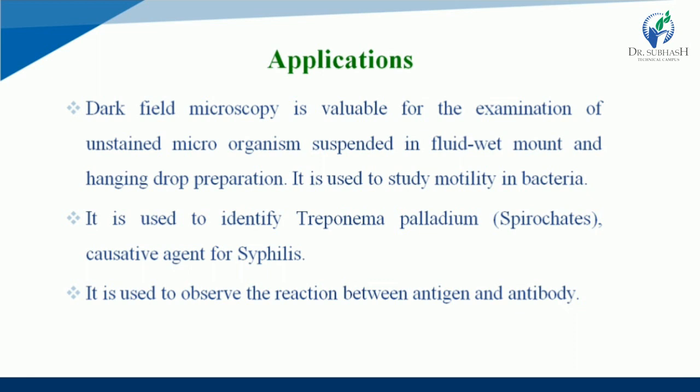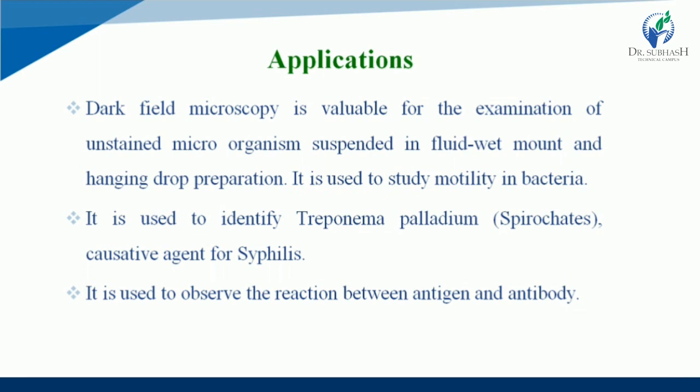This cover slip is then inverted over the depression in the slide. So the drop of microbial suspension is placed on a cover slip, and the cover slip is inverted over the concavity in the slide, and the specimen can be viewed with dry or oil immersion objective.